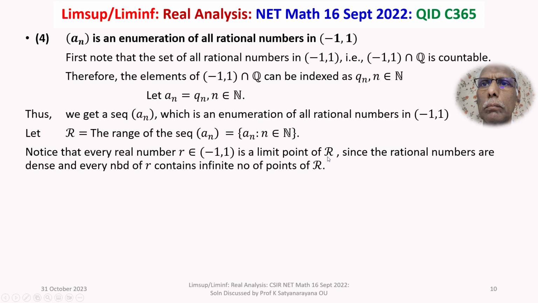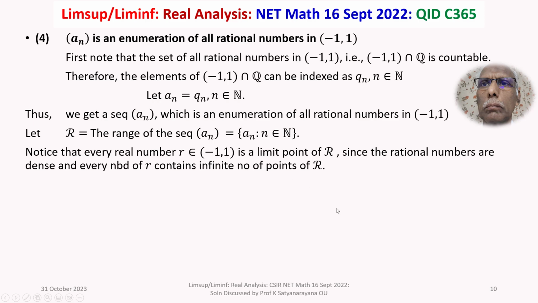How many are these? These are infinitely many. Therefore, 1 is also a limit point. Similarly, -1 is also a limit point. So now R prime, the set of all limit points, will be all real numbers that lie in the open interval -1 to +1 union the endpoints 1 and -1.